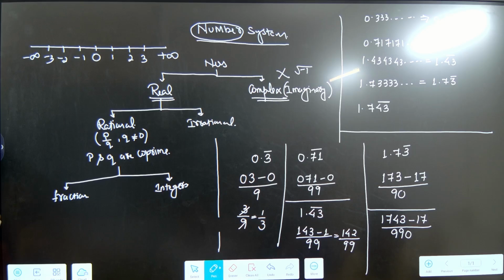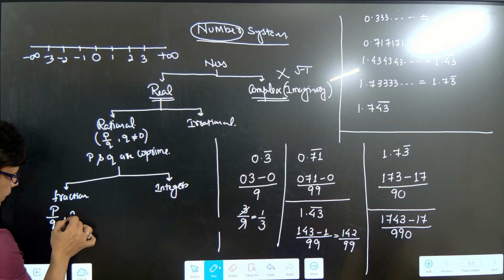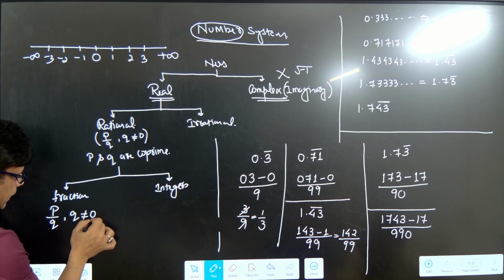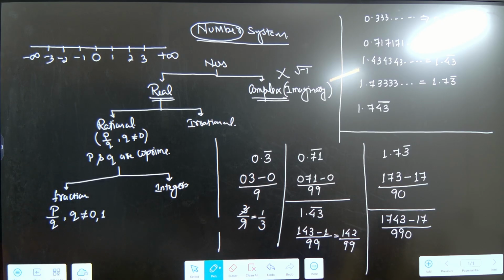Of course, you write them in the form of p by q, where q is not equal to 0 and should not be equal to 1. A fraction is basically a number written as p by q. Q should not be equal to 0 as well as should not be equal to 1, because if q becomes 1, the number will become an integer.